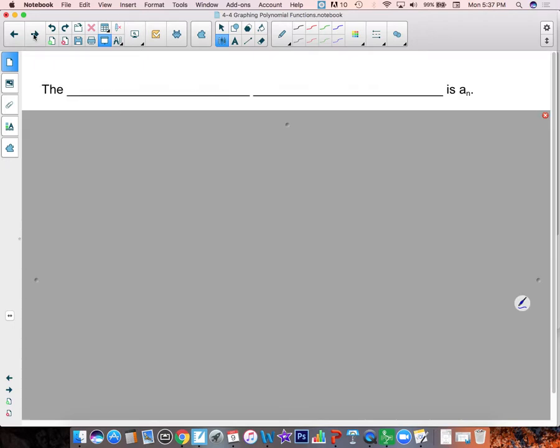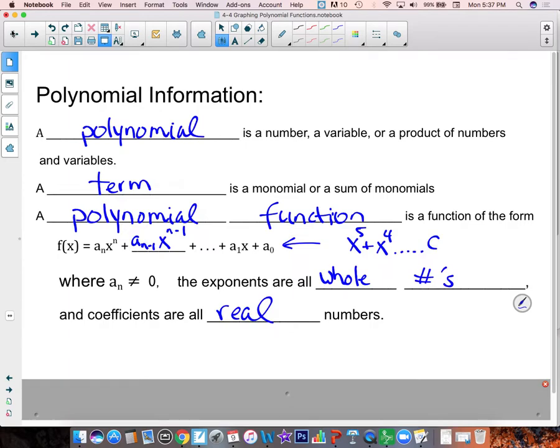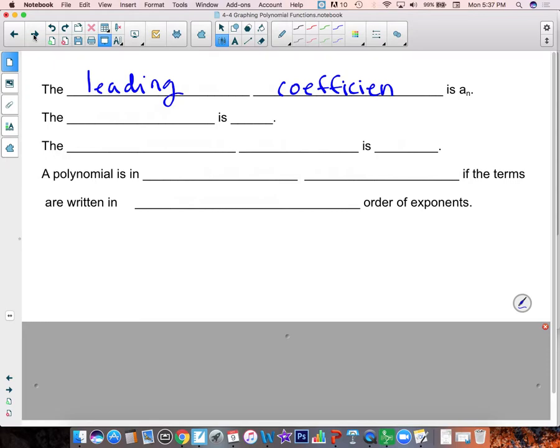Second part of it: the number out front is the leading coefficient. Leading coefficient is a sub n. The constant in the back is a sub 0.